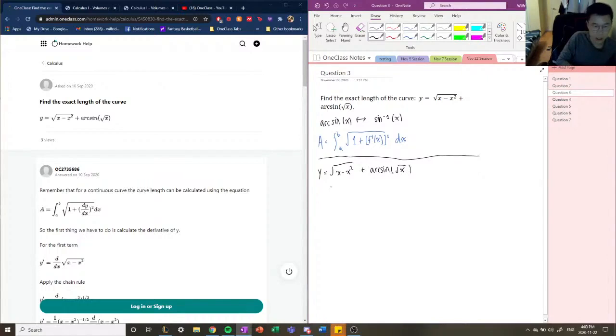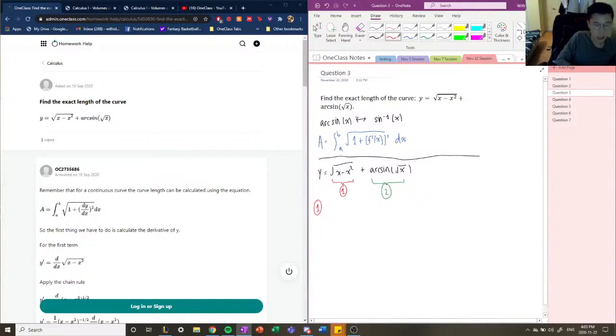Okay. So let's derive this first part. I'm going to label this 1, and I'll label this 2. I don't want to keep writing out everything together. Okay, so let's do 1 first.